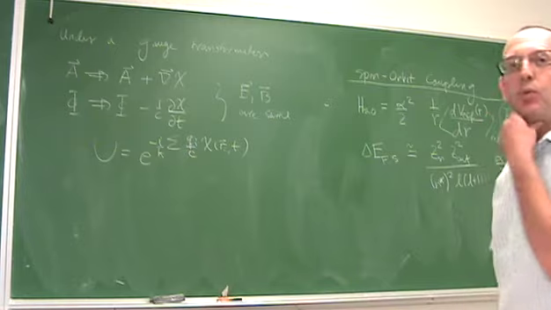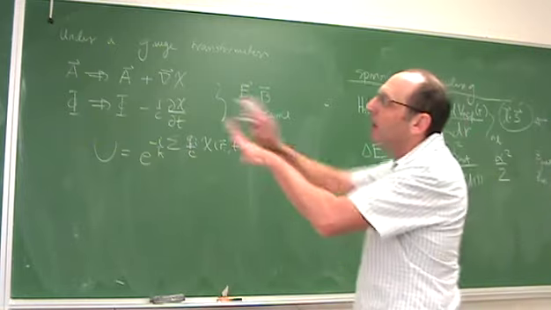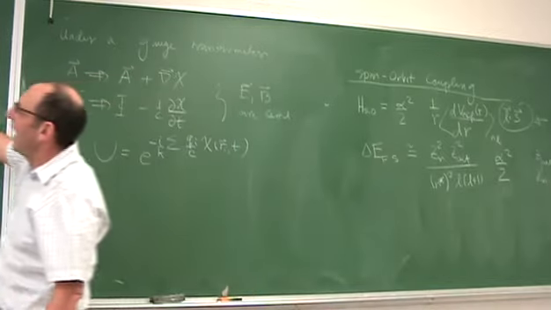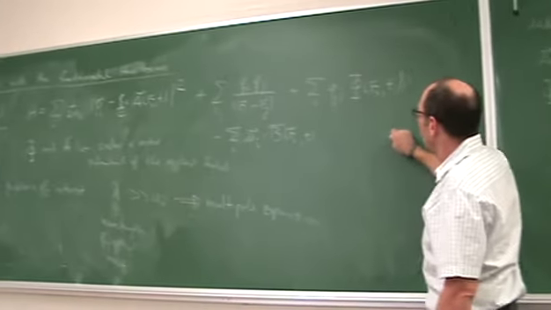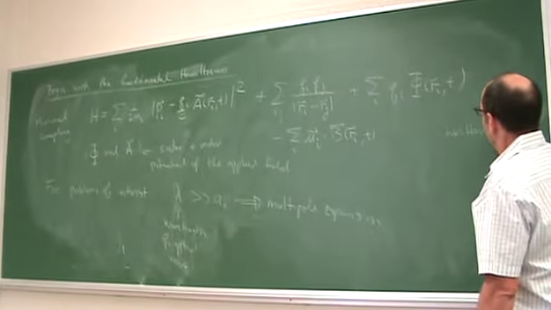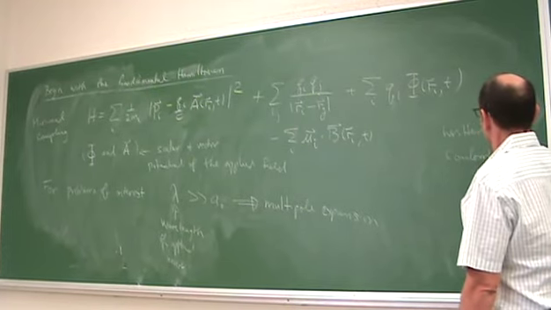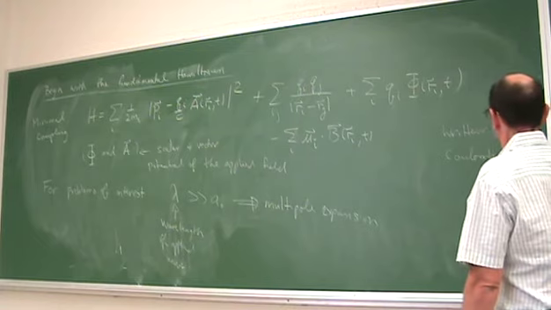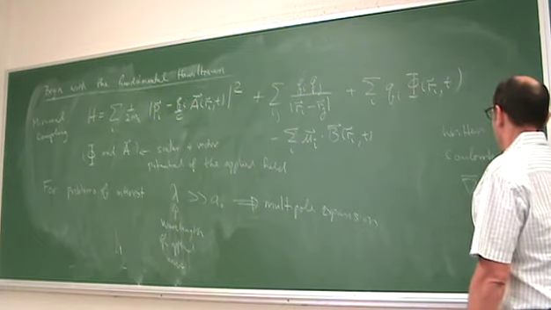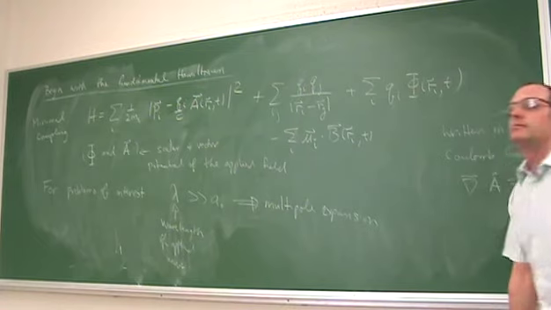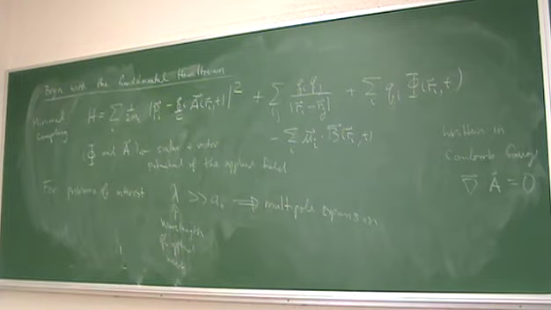So what's the gauge function going to be? This is written in the Coulomb gauge, which is to say I've chosen divergence of A equal to 0. So all of the longitudinal part of A is in this potential. That's the quasi-static potential.